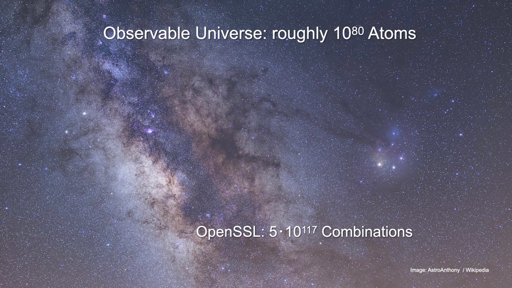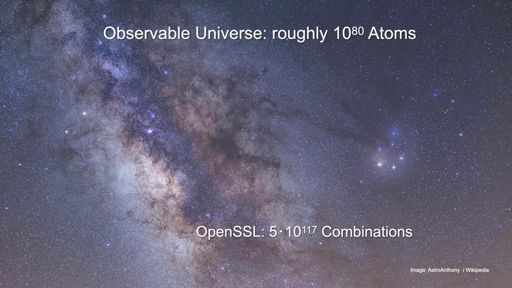So even if you wanted to build as many machines as there are combinations here in order to run this in parallel, you couldn't do it, because we wouldn't even have enough atoms in the universe. So forget about it, right? That's never going to scale.